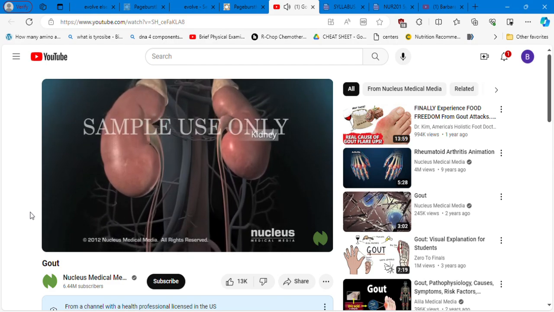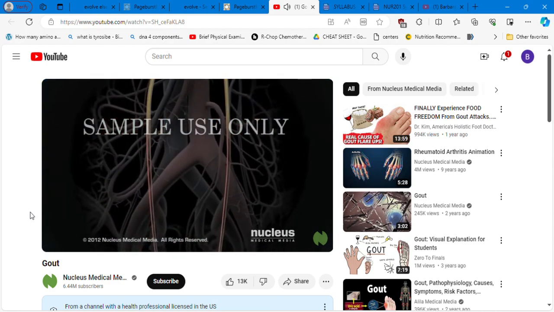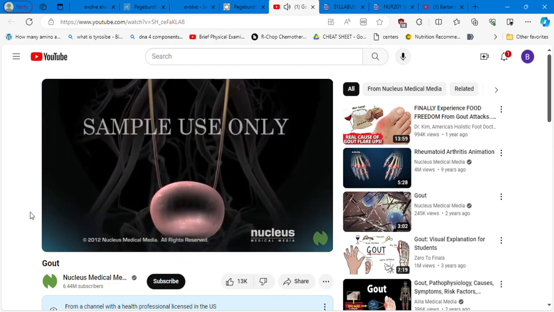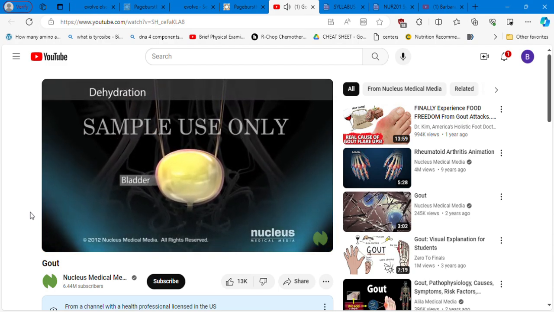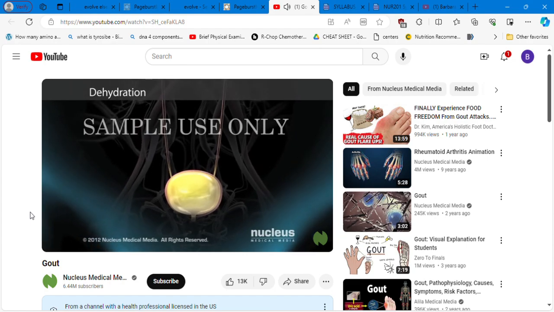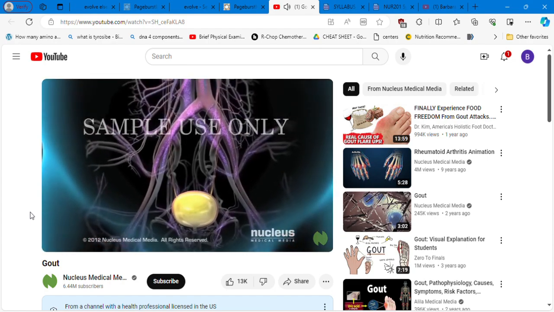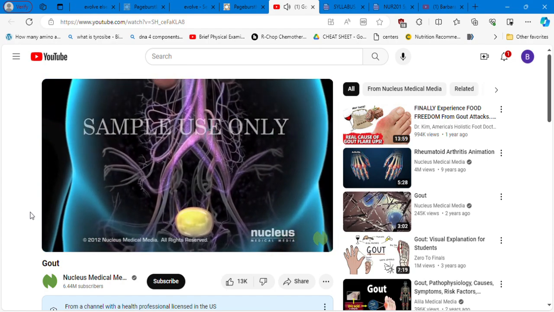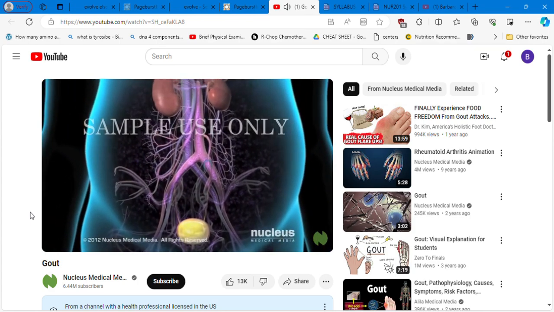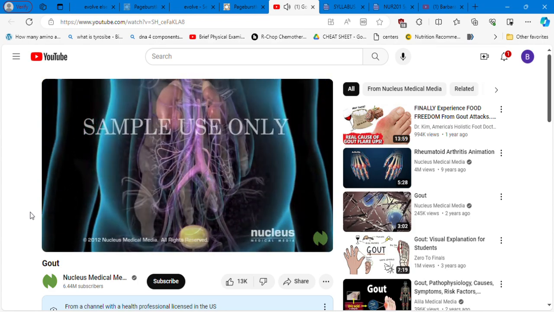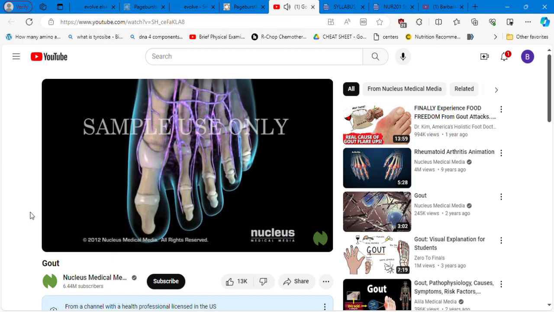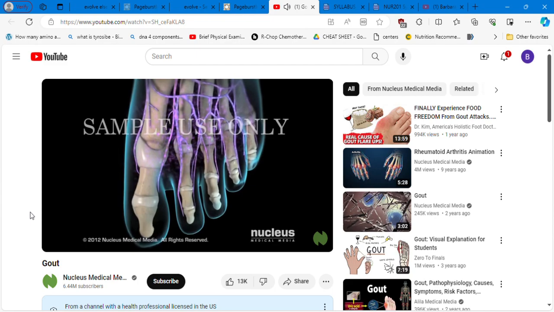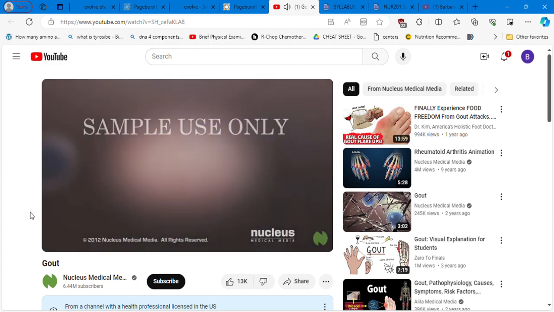Caffeinated beverages affect the waste removal function of your kidneys by increasing your urine output, which eliminates too much water from your body, a condition called dehydration. Dehydration can result in a higher concentration of uric acid in your body's fluids. When the concentration of uric acid becomes too high from any of these sources, it can no longer stay dissolved.